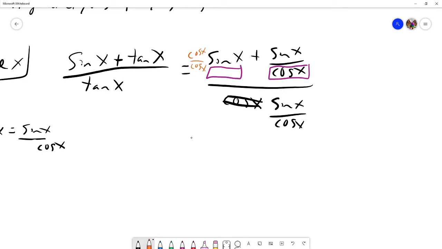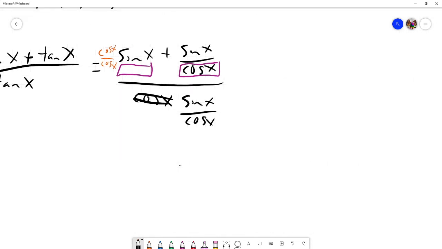That way we get a cosine denominator. We're multiplying by a choice of 1, so it's not fundamentally altering the expression. You have to multiply by some choice of 1, otherwise you are actually altering the expression. That is an invalid operation to do.